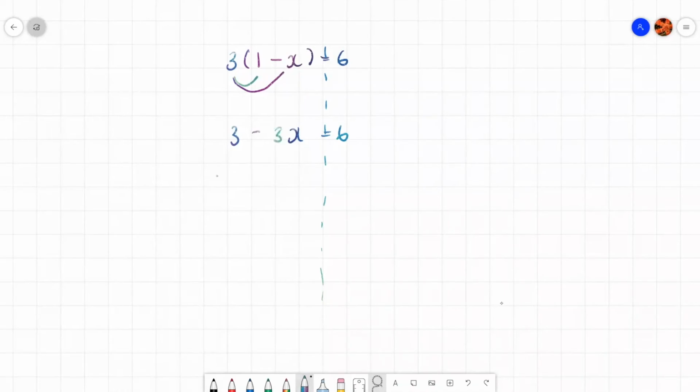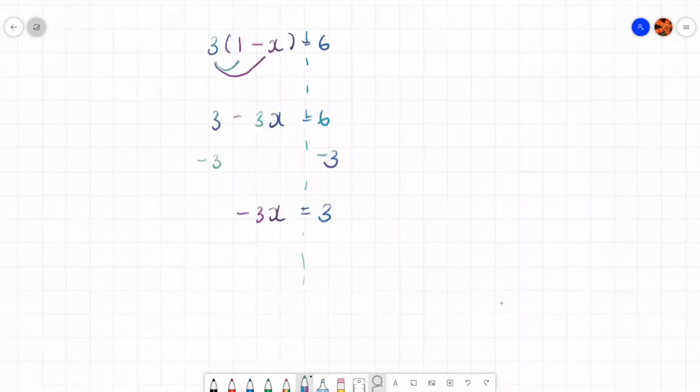Okay, subtract 3 on both sides. 3 take 3 is nothing. Minus 3x, well, 6 take away 3 is 3. To get rid of the minus 3, I need to divide by minus 3 on both sides. Minus 3 divided by minus 3 is just 1, so 1x, and 3 divided by minus 3 is minus 1.